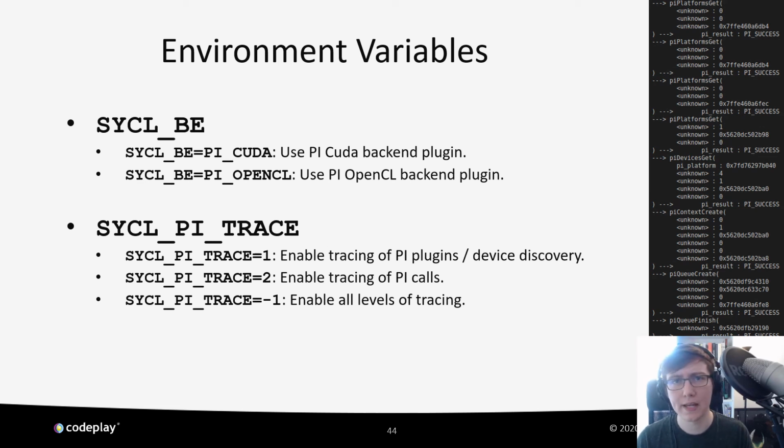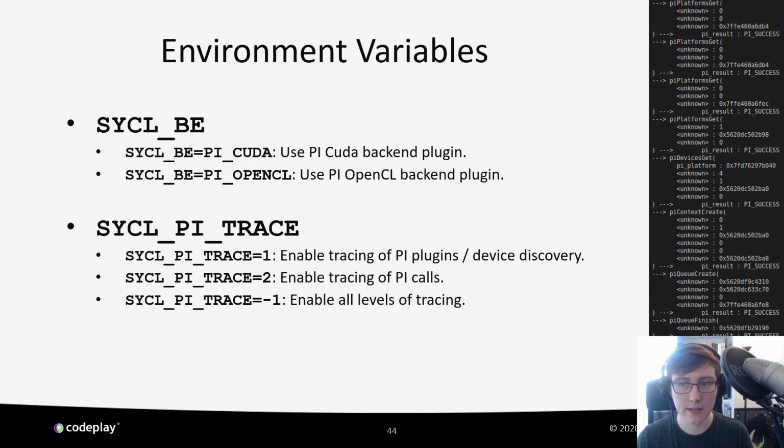To configure PI API, there's a number of environment variables that can be used. Earlier we saw that you have to specify the SYCL backend environment variable to tell the application to use the CUDA backend. This is true, and what is actually going on is that you're telling the SYCL runtime to load the PI CUDA library. In addition to this, we have the SYCL PI trace environment variable, which configures how the SYCL runtime will log every single PI API call.